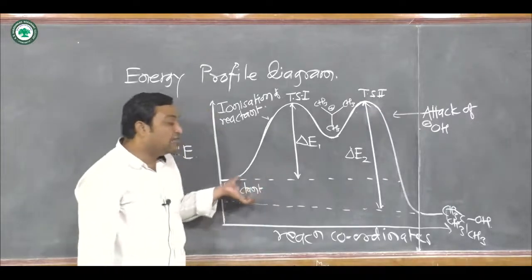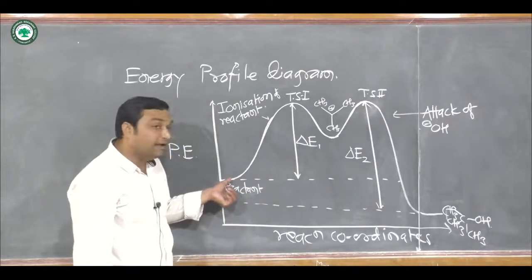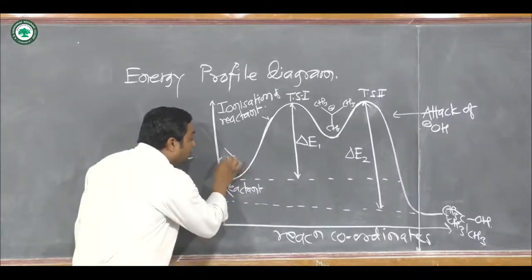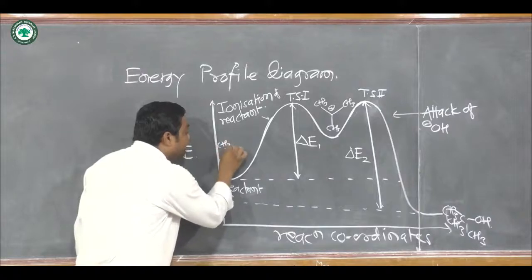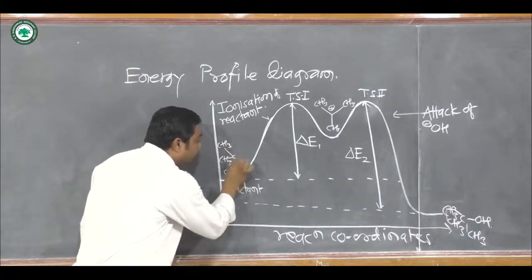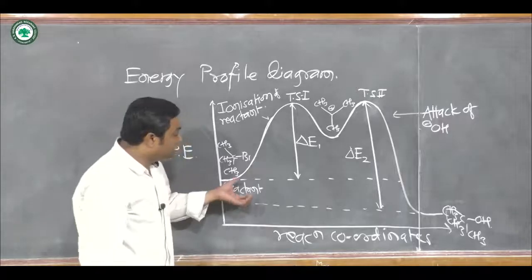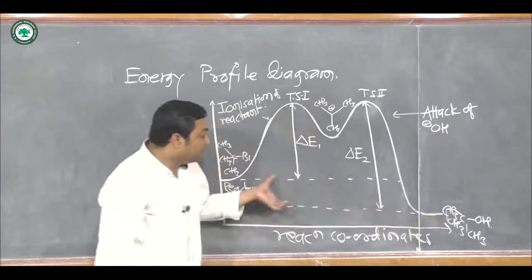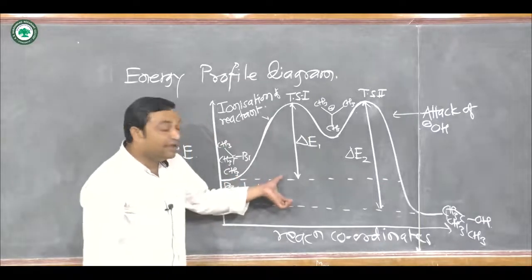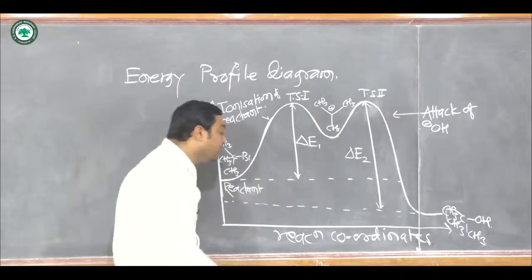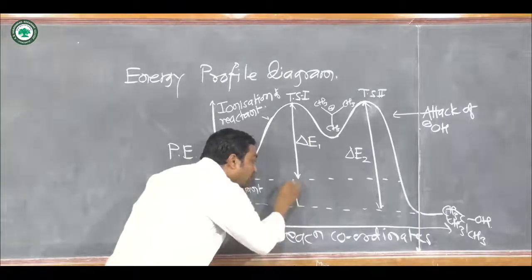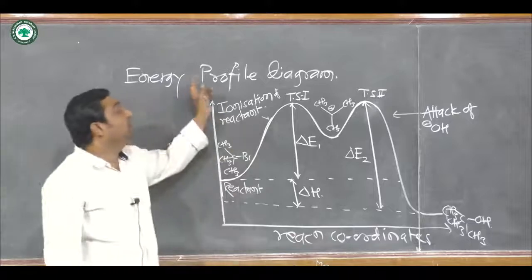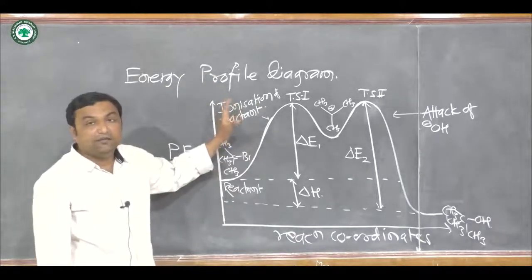Whereas the energy gap between the energy of reactant, which is our tertiary butyl bromide, and the energy of product is nothing but the heat of reaction, the change of enthalpy. This is all about the energy profile diagram of SN1 reaction.